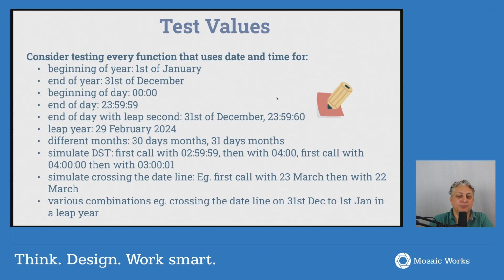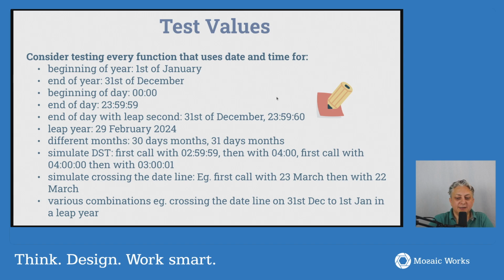Well, make multiple calls to the function. First call with, let's say, 2:59:59, then the next call with 4. First call with 4, the next call with 3:00:01, and see what happens. Unless you're doing UTC, in that case, it doesn't matter.